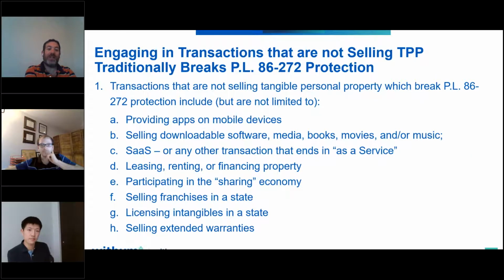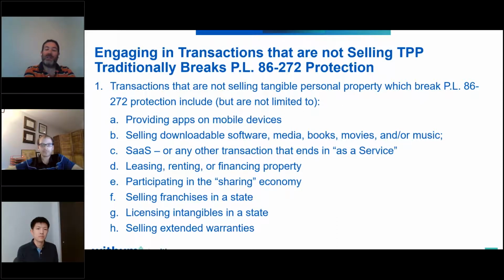Again, engaging in transactions that are not selling TPP. And this is where the world has changed. 86272 has stayed the same for 70-some years. The world has changed around it. So again, providing apps on a mobile device, selling downloadable software, media, books, movies, providing any sort of SaaS, or really any transaction that ends in a service, that ends 86272.